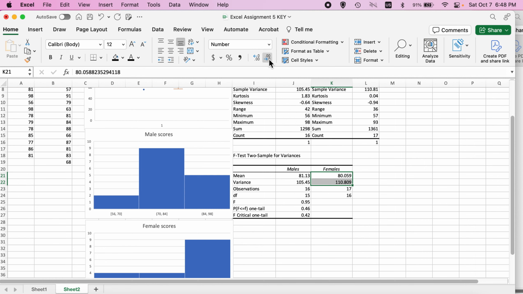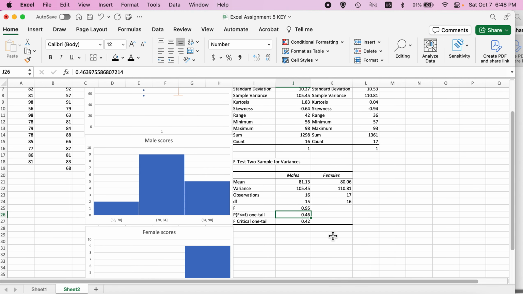As far as the p-values go here, this is just testing if these variances are different. So the p-value here, we've got one tail, 0.46. You can leave it at 2 decimal places because there's obviously no significance here. So this means that there's not a difference.